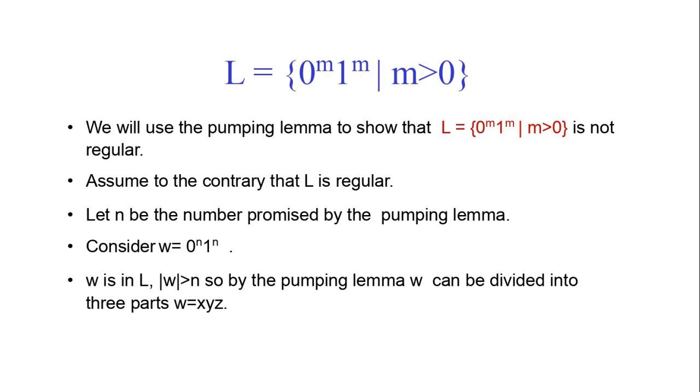It means W belongs to language L and the length of W is greater than n. So by applying the pumping lemma on the string W, we can divide this W into three parts: x, y, and z.